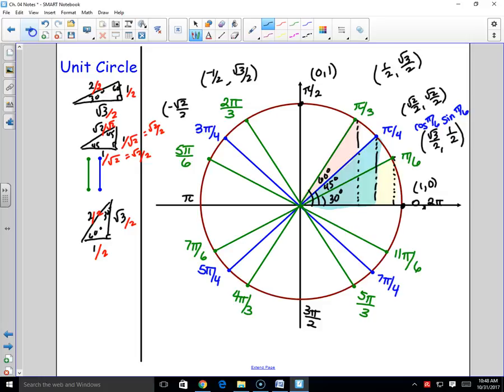So that was left, which is a negative, and up, which is a positive. Okay, for 5 pi over 6, I'm going over a lot to the left, and then up a little. So it's going to be the negative root 3 over 2 one, and positive 1/2. And then I'm going over all the way left, so negative 1, and up, not at all, 0.